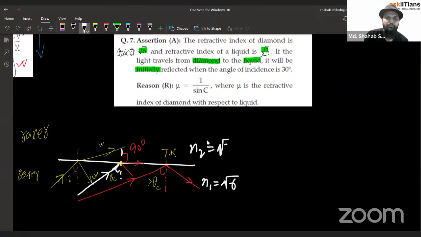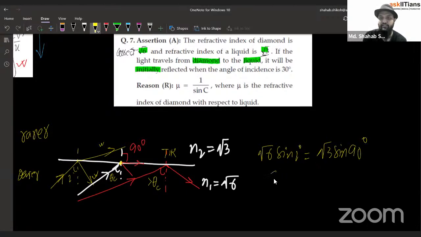So what is the angle of refraction? 90 degree. Angle of incidence is the critical angle θc. Applying Snell's law, n1 sin I equals n2 sin R, so √6 sin I equals √3 sin R. The angle of refraction is 90 degree, and sin 90 is 1. Then sin I is equal to √3 by √6.